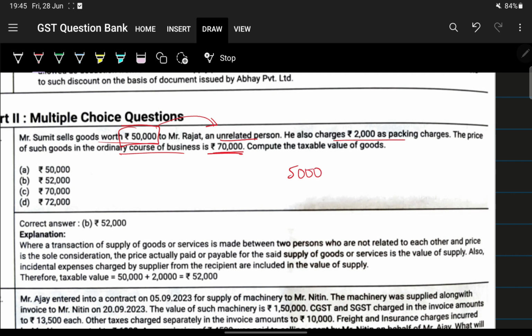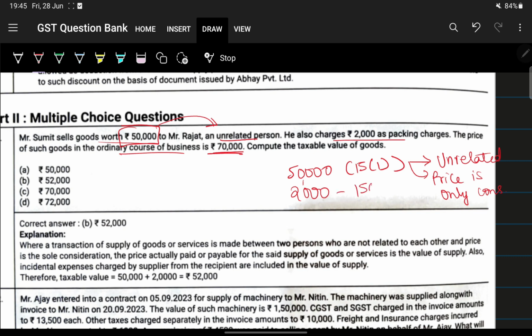So here 50,000 we can take as per section 15(1), which tells us that if it is between unrelated persons and price is the only consideration, then we can take this amount, or else we'll have to calculate the valuation as per the rules. And then 2,000 rupees as packing expenses, this is as per section 15 subsection 2 clause C. So the answer will be 52,000.